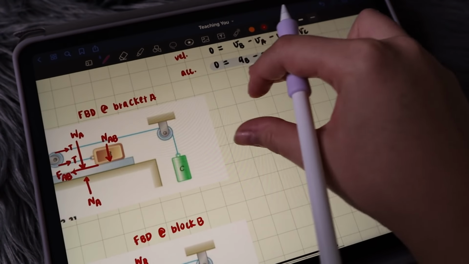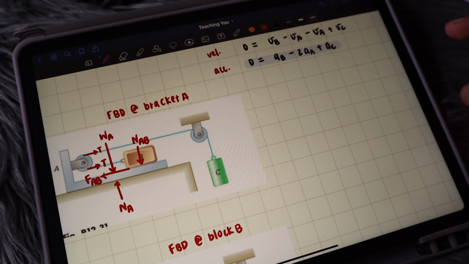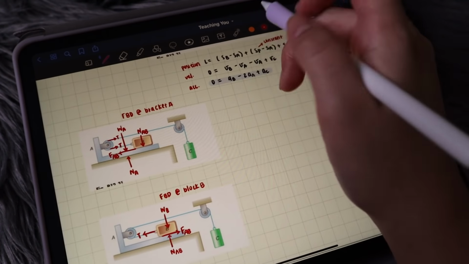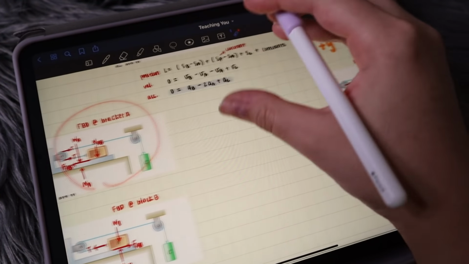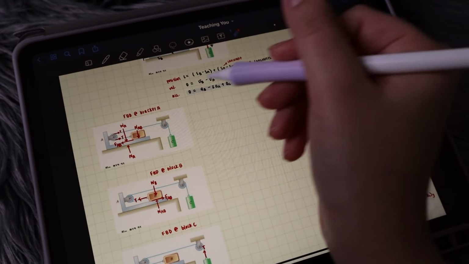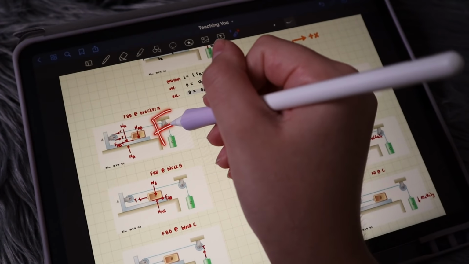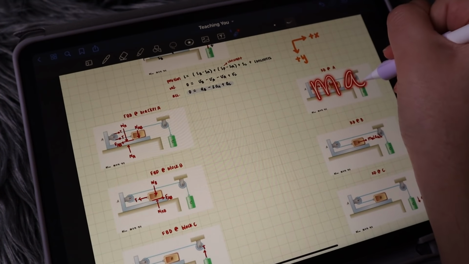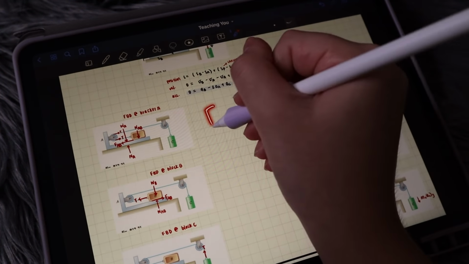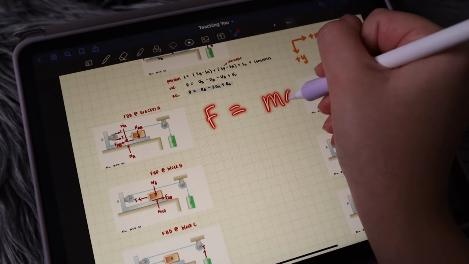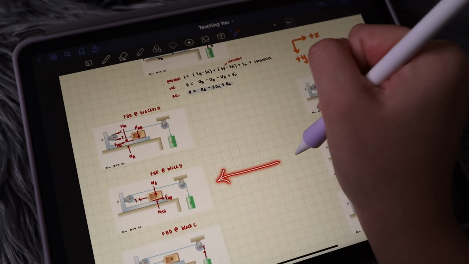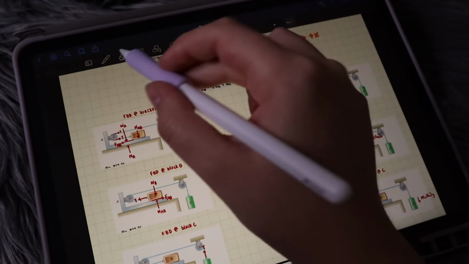Let's go ahead and start applying Newton's second law, F equals ma. We have our free body diagram and then our kinetic diagram, so we have our forces and then we have the motion, ma. We're going to apply F equals ma to these two diagrams.